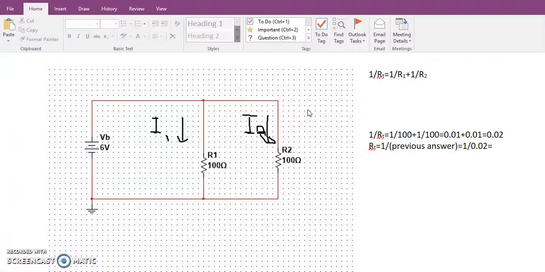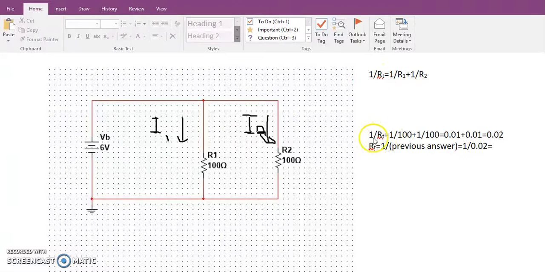So to find Rtotal, I'm going to use the big formula. The formula for Rtotal for a circuit in parallel is 1 over Rtotal equals 1 over R1 plus 1 over R2. This formula is actually very easy to use as long as you're being very careful about it. So I'm going to go ahead and do that right now.